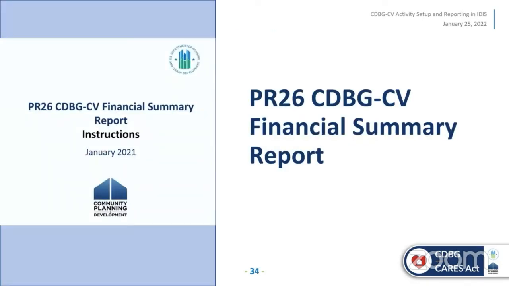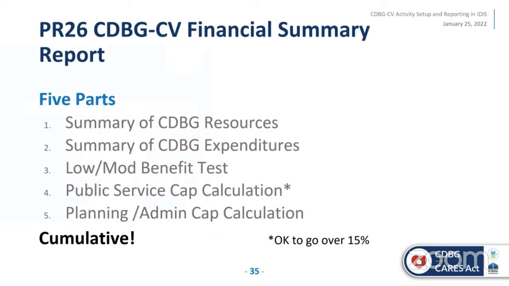So now we're going to get into everyone's favorite report, the PR26. We see here that there is a new CDBG-CV PR26 report specifically for the CV funds. We're going to look at several parts of this.